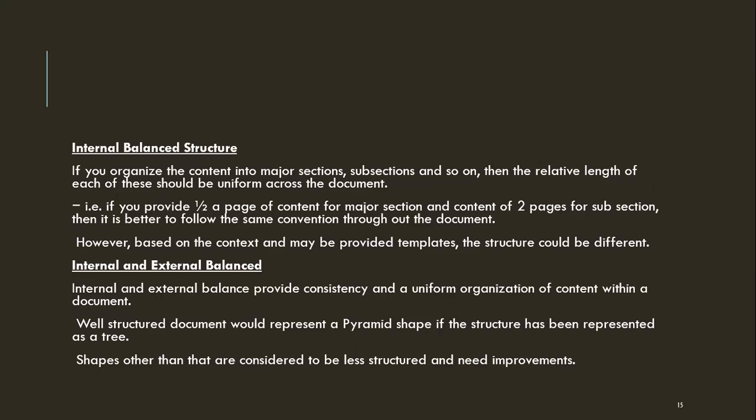So, for example, if you provide half a page of content for major sections and 2 pages for subsections, then it is better to follow the same convention throughout the document, right? But then there may be differences in the structure depending on the context and the provided templates, like we spoke about in the previous slide.